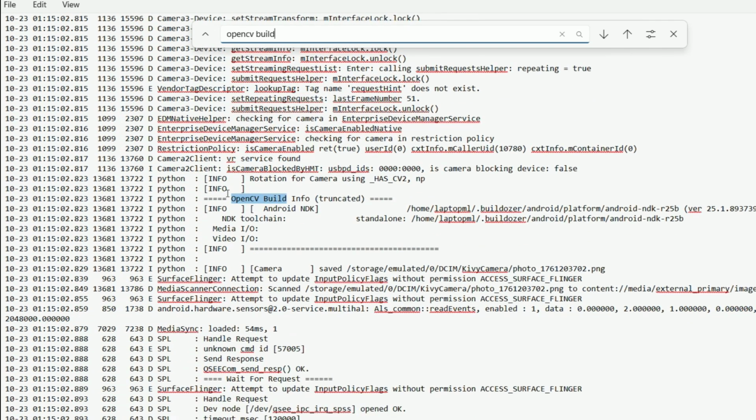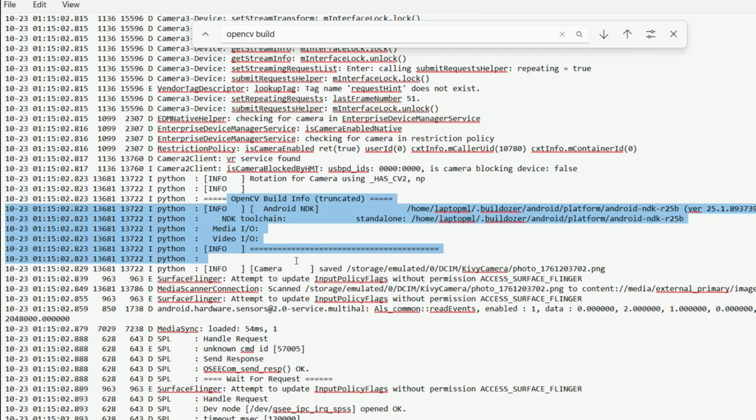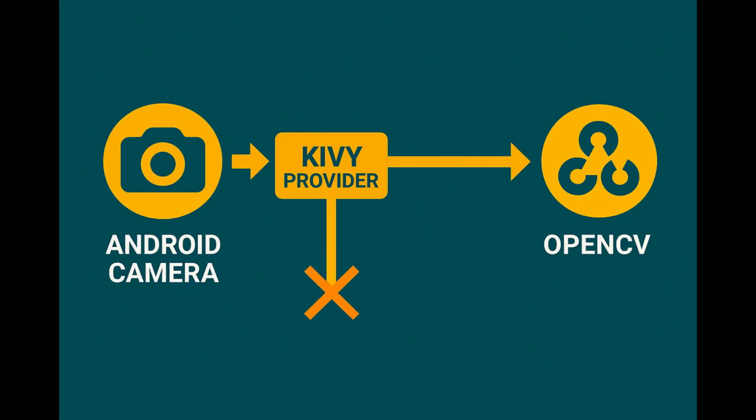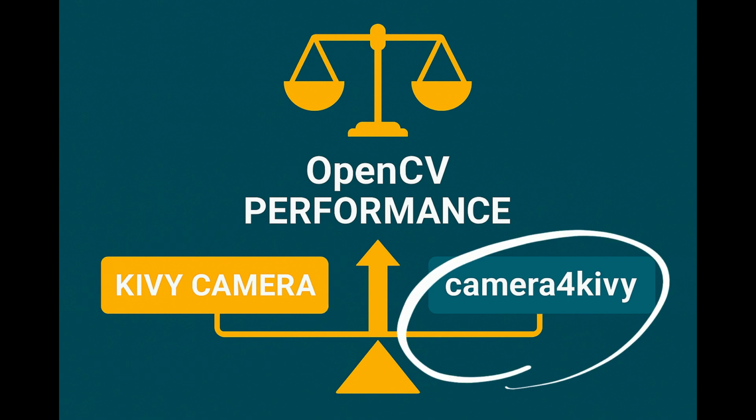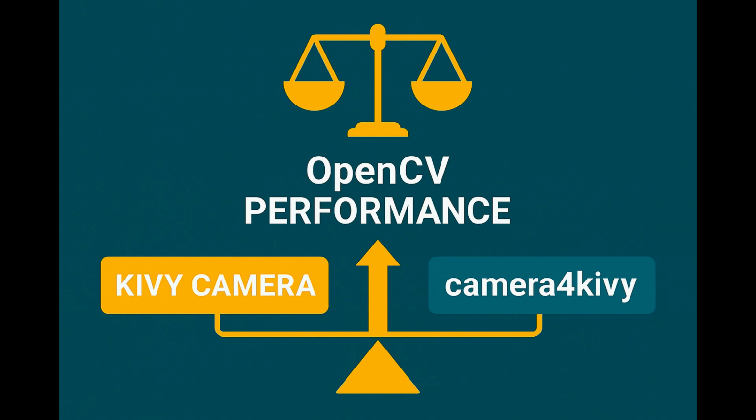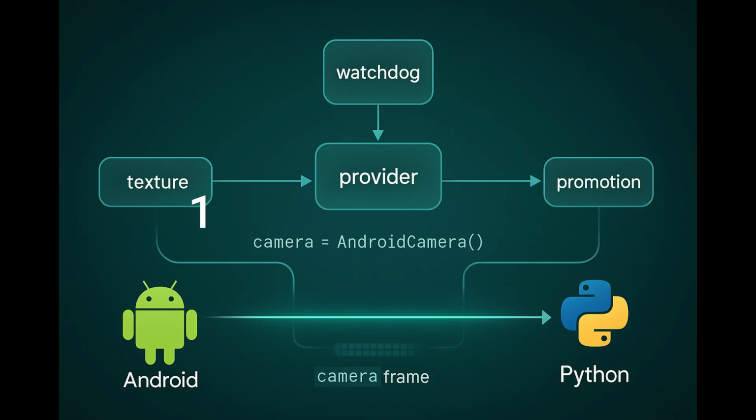The fix is to change how you think about frame flow. Instead of forcing OpenCV to grab frames directly, let Kivy or Camera4Kivy handle the device level capture. They already speak Android's camera language.